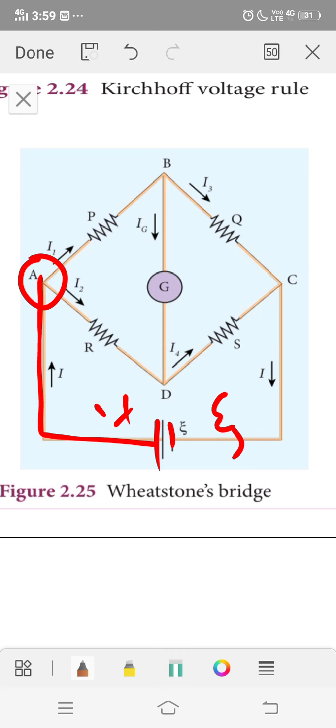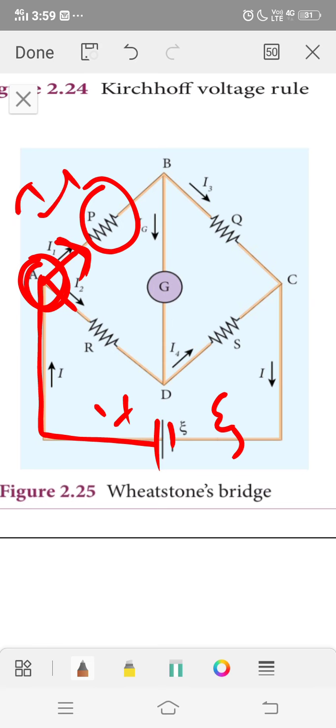At point A, the current divides and travels across AB and AD. The divided current flowing across the resistor P is I1, and the divided current flowing through the resistor R is represented by I2.